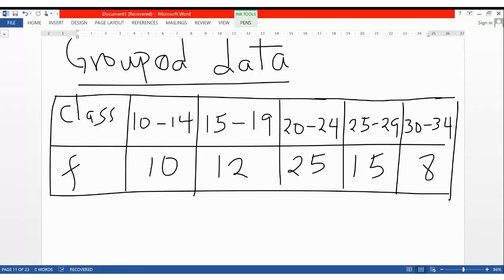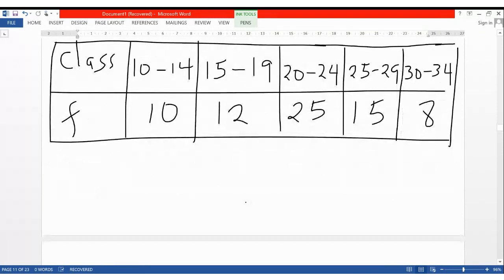So I'll go back to the definitions. They will not really change. For the variance of group data, there are two formulas. The first one is summation of f times (x minus x bar) squared, all over summation of f.